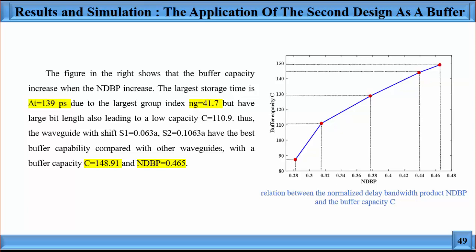The largest storage time is delta T equals 139 ps, due to the largest group index Ng equals 41.7, but it has a large bit length, also leading to a low capacity C equals 110.9. Thus, the waveguide with shifts S1 equals 0.063a and S2 equals 0.1063a has the best buffer capability compared with other waveguides, with a buffer capacity C equals 148.91 and NDBP equals 0.465.